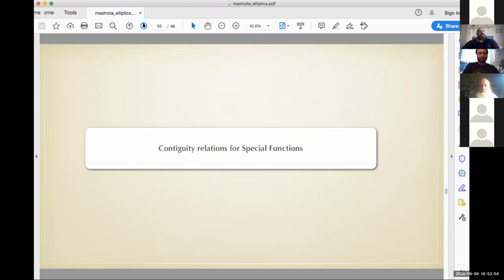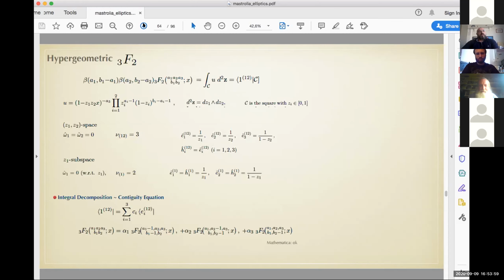So in the last few minutes, let me just sketch a few applications of these ideas, both to multivalued functions, for instance, to the 3F2 functions. And here, as said, we have an integration over two variables, and therefore we need to consider both the internal subspace, for instance, Z1, and the external subspace represented by Z1, Z2.